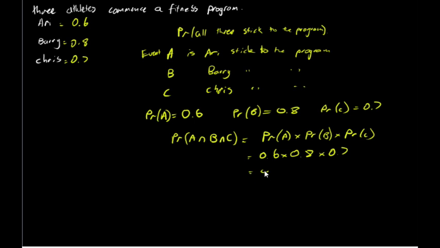If we work that out, we'll get about 0.336. So we can say the probability that all three stick to the program is 0.336.